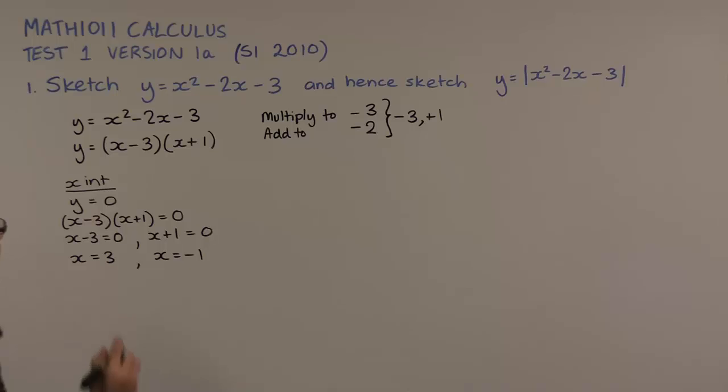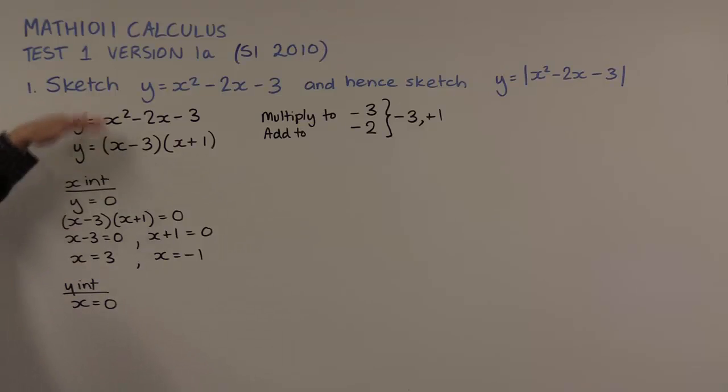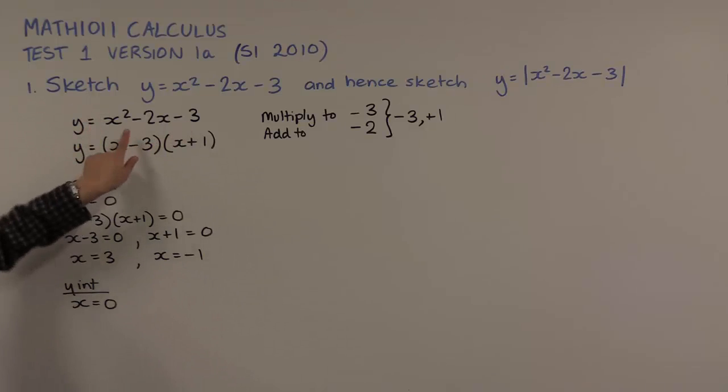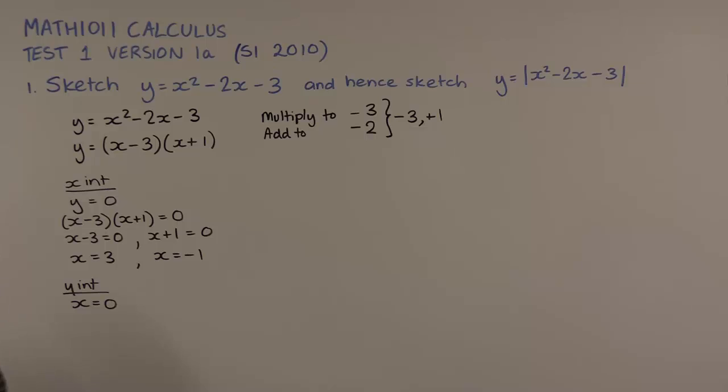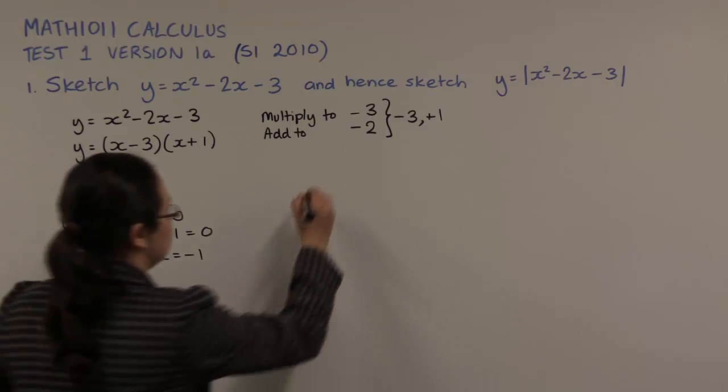To find the y-intercept, we set x equal to 0. We can put it into either of these equations, but the top equation tells us that 0 minus 3, and so that's probably the easiest. The y-intercept is minus 3. So let's sketch what we have so far.